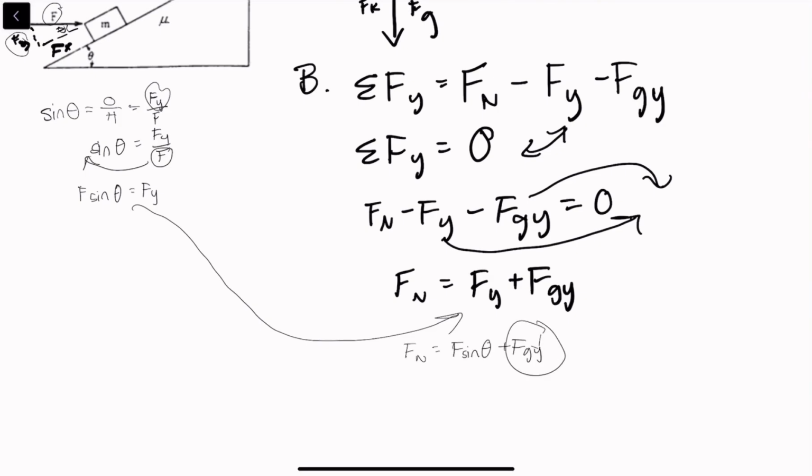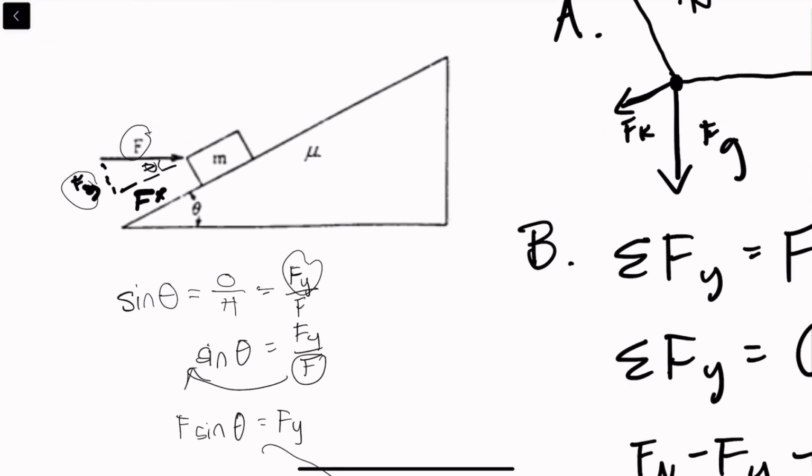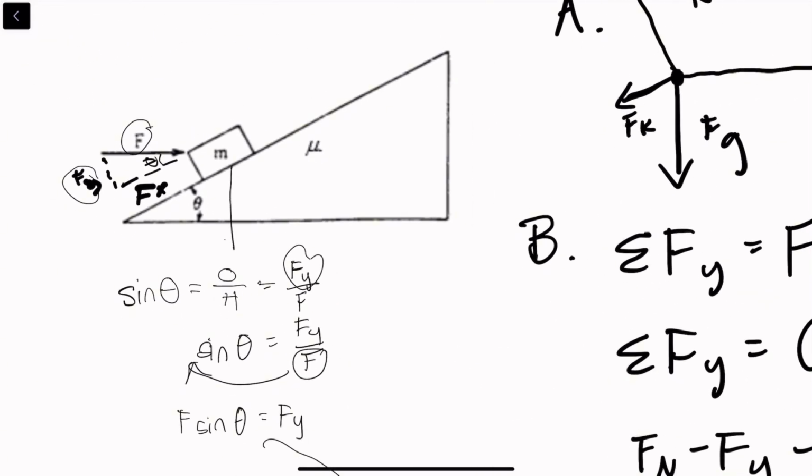And we still have this Fgy, which is not a variable that we were given, so we need to solve for it. We know that Fg always goes down, and that its components are Fgy and Fgx. Now, how do we solve for Fgy? Well, we need an angle either here or here. We don't have either, so we're going to solve for it.